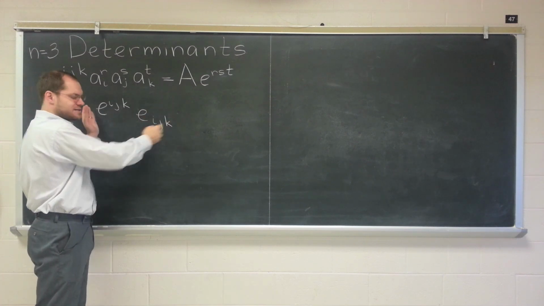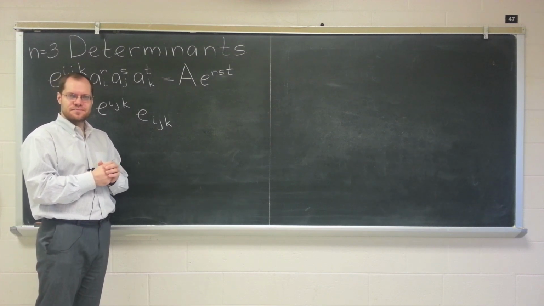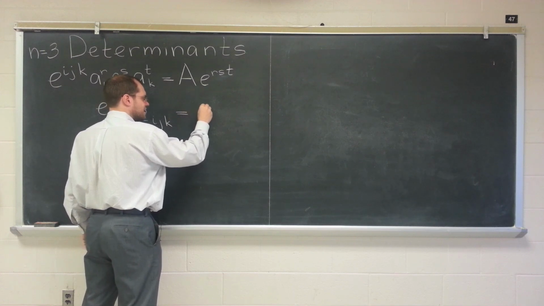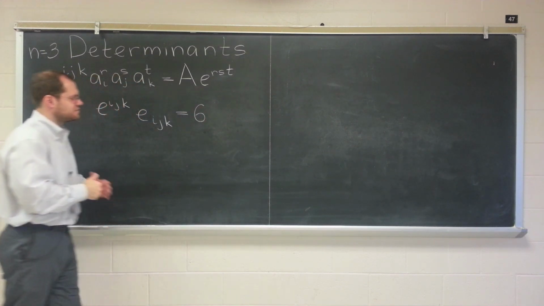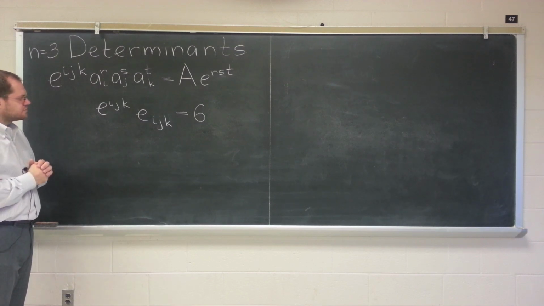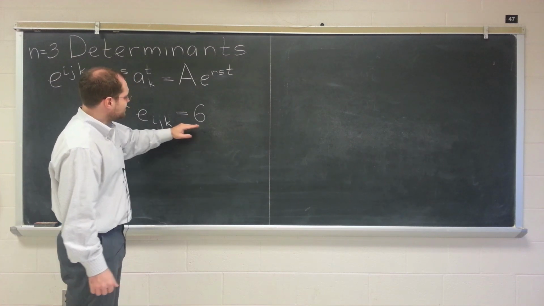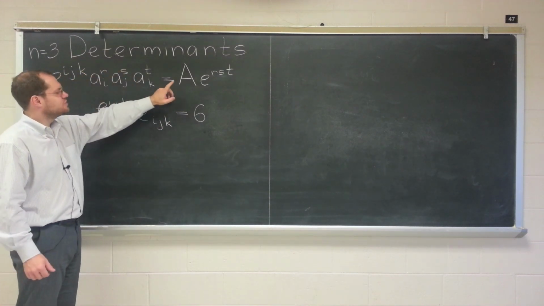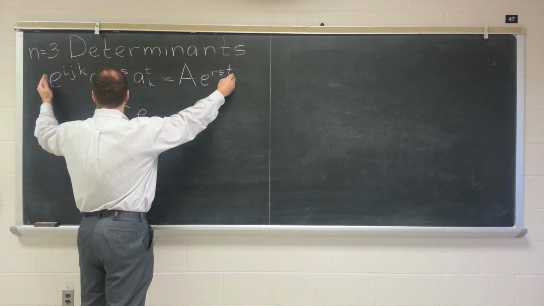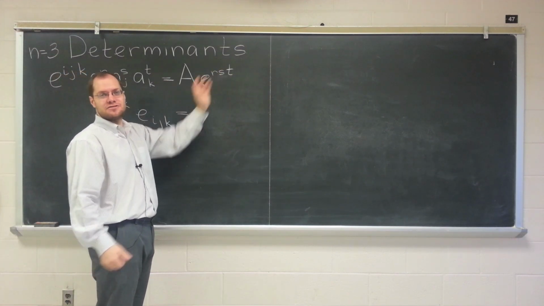There will be 3 factorial, six, surviving terms. Each one of them will be 1. So this triple contraction has a simple value, 6. This will allow us to isolate A by multiplying both sides of this identity by E R S T, which of course will imply the triple contraction on both sides.